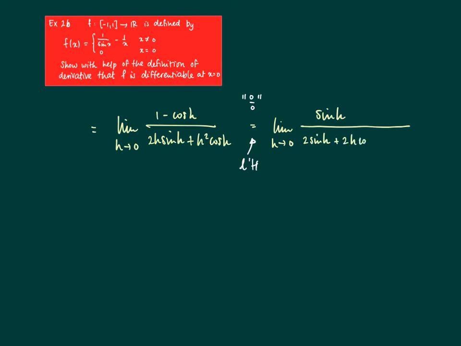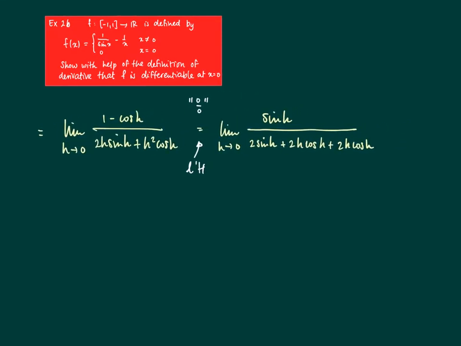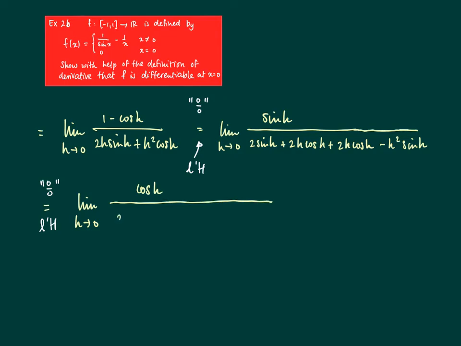So here again we apply L'Hopital, and the derivative of the numerator is sine h, and you might easily check, well, this is a naughty part of this exercise, that the derivative of the denominator becomes a little bit complex. Again, you see, since sine of h and h vanish for the value h equals 0, we may apply L'Hopital again.